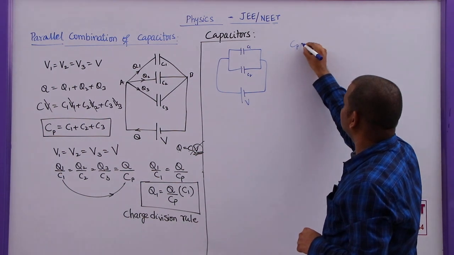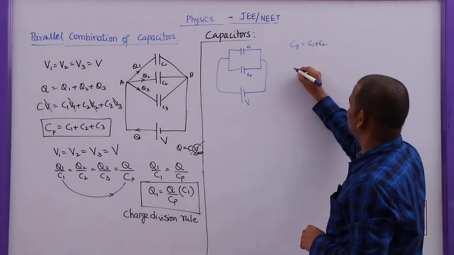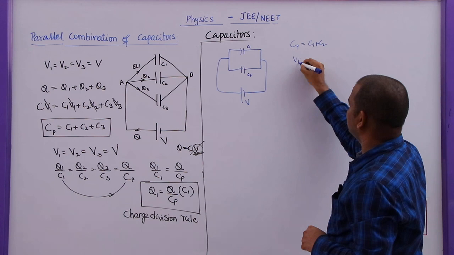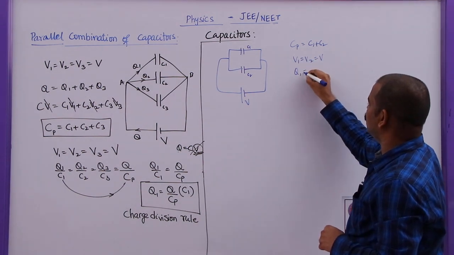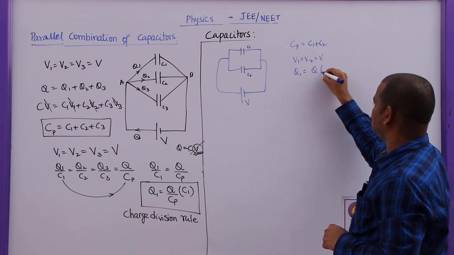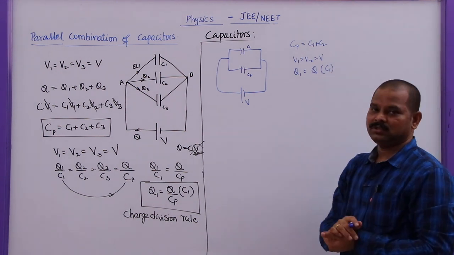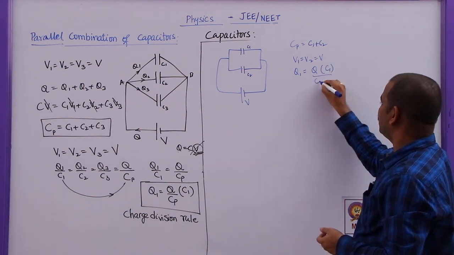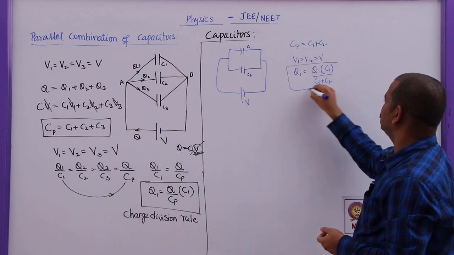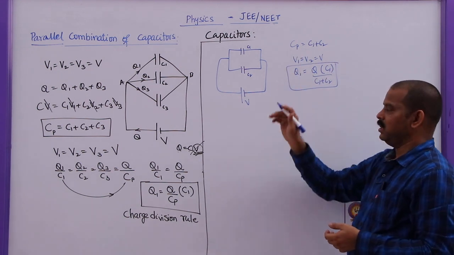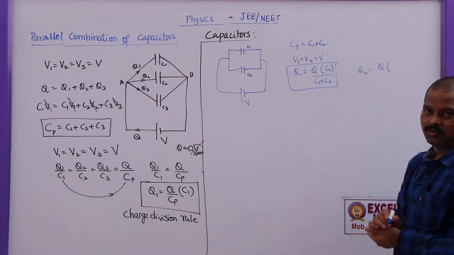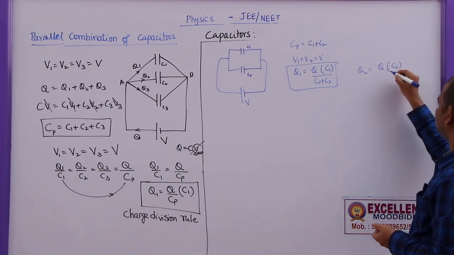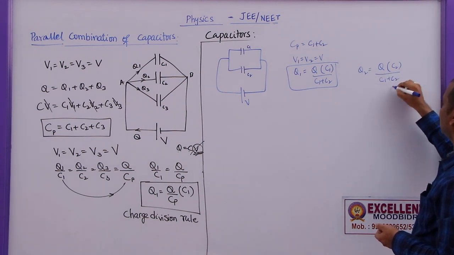The effective capacitance is given by C1 plus C2, and the potential drops V1 is equal to V2 is equal to V, and the charge Q1 is equal to the total charge into the capacitance in that branch by the sum of the 2 capacitors. This is the charge through the first branch. What is the charge through the second branch? The total charge into the capacitance in the second branch by the sum of the 2 capacitors.